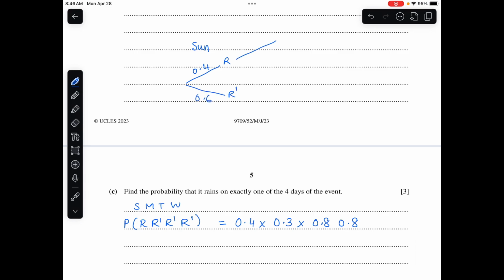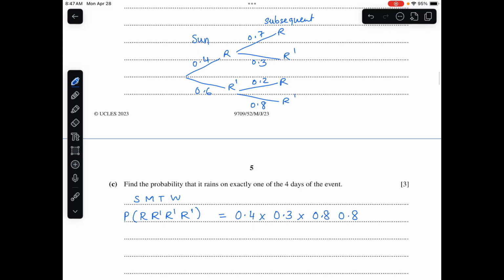Then on the subsequent day, it will rain would be 0.7, doesn't rain would be 0.3. And here it would be raining 0.2 and not raining 0.8. So I guess this would make your thinking a bit faster.